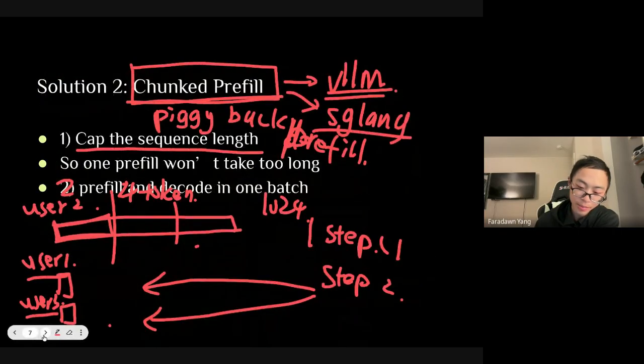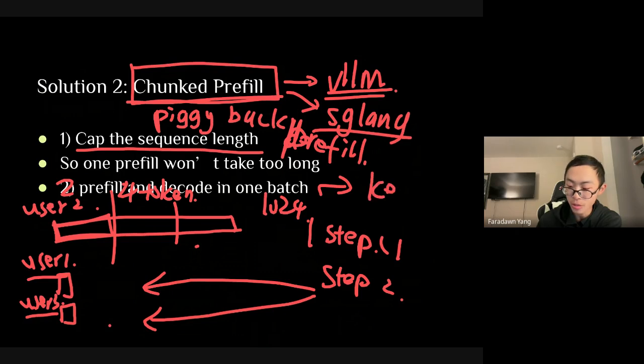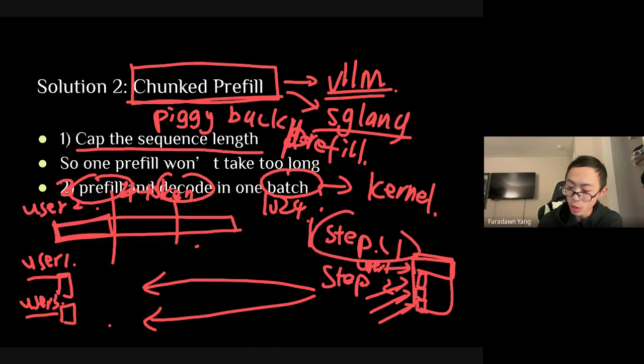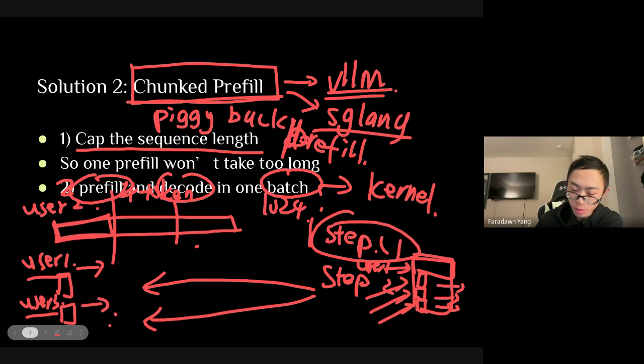The chunked prefill or piggyback prefill optimizes the kernel level to allow decode and prefill to happen in one batch. And in this way, say the prefill of user 2 is in this batch, you can also stuff some decode tokens inside in one batch. So in one step, you will get tokens for user 1 and user 3, as well as processing the prefill for user 2.